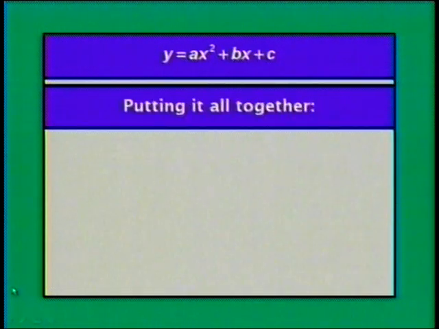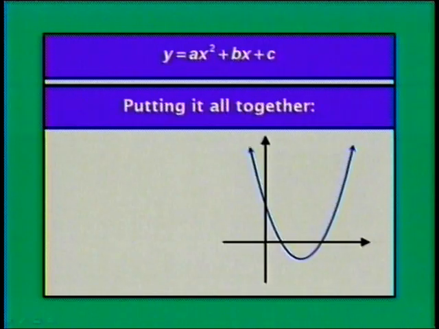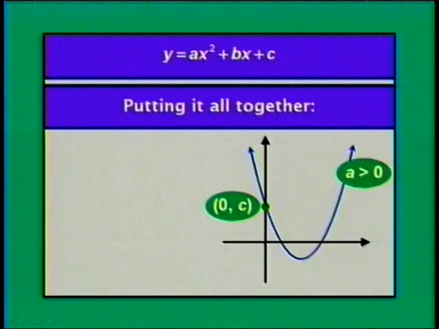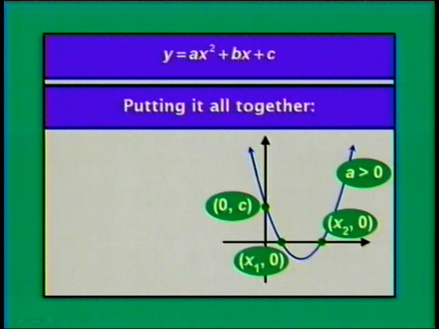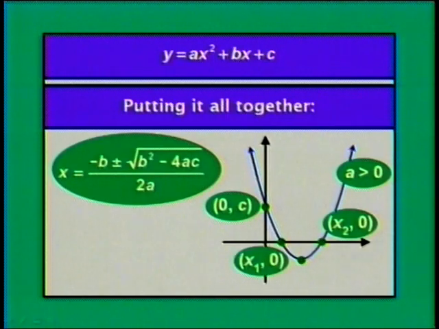So let's put this all together. Here's a parabola. In this case, our parabola opens up, so we know that the leading coefficient is positive. The vertical intercept will be at the point (0, c), where c is the constant term in our equation. The x-intercepts can be found by solving a quadratic equation.